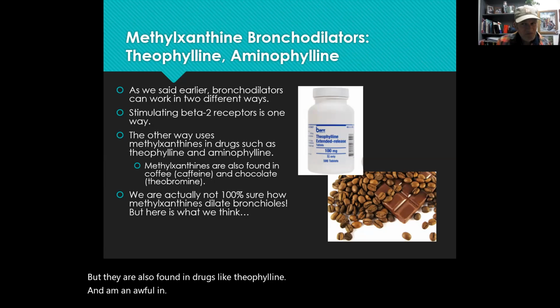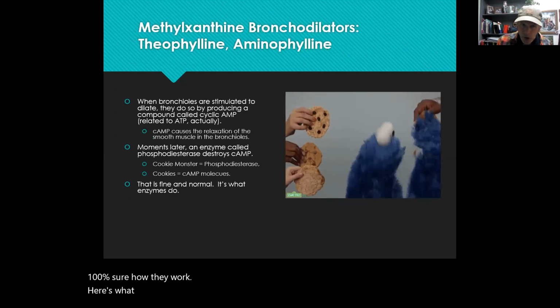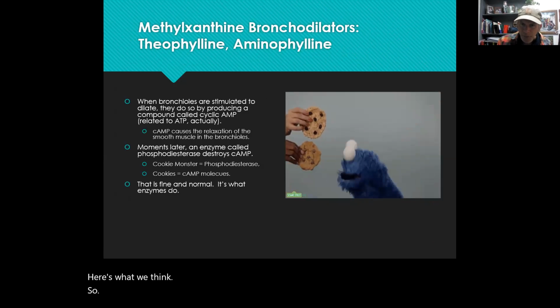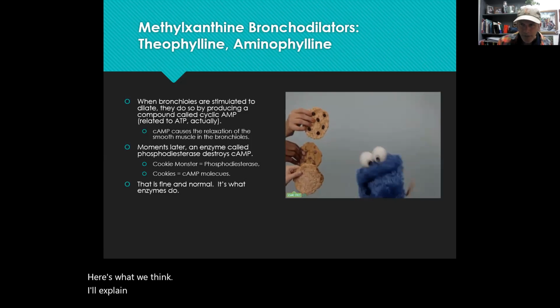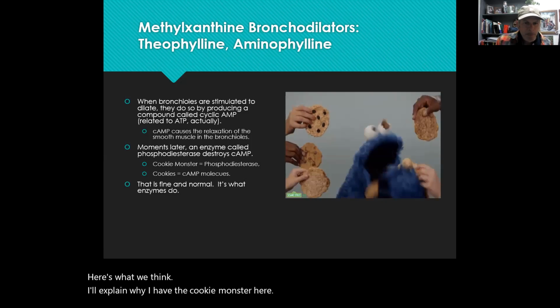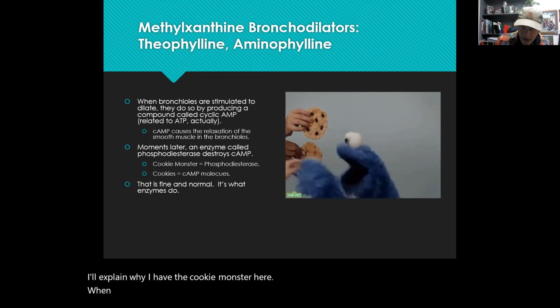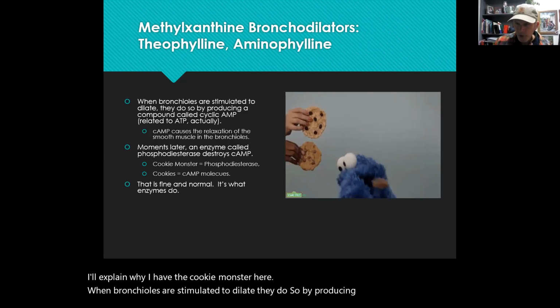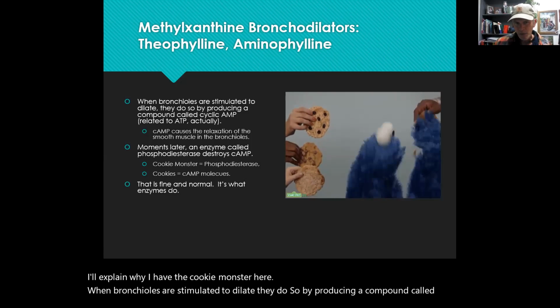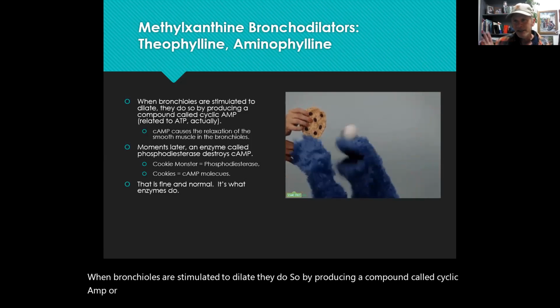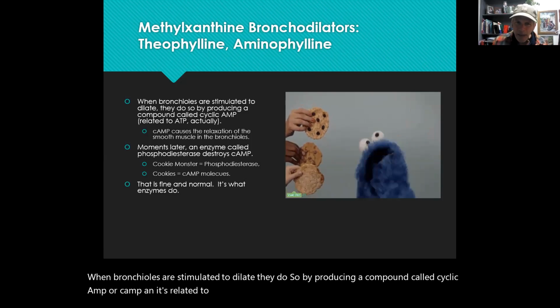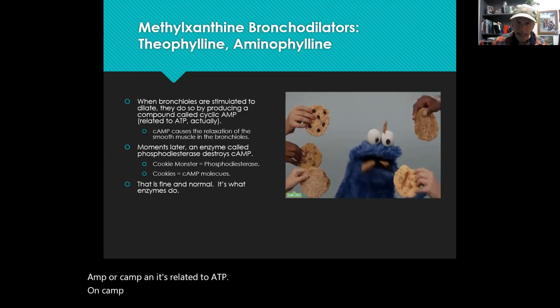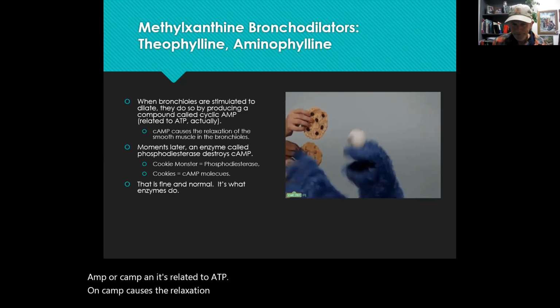And we're not 100% sure how they work, but here's what we think. I'll explain why I have the Cookie Monster here. When bronchioles are stimulated to dilate, they do so by producing a compound called cyclic AMP or cAMP, and it's related to ATP. cAMP causes the relaxation of smooth muscle.